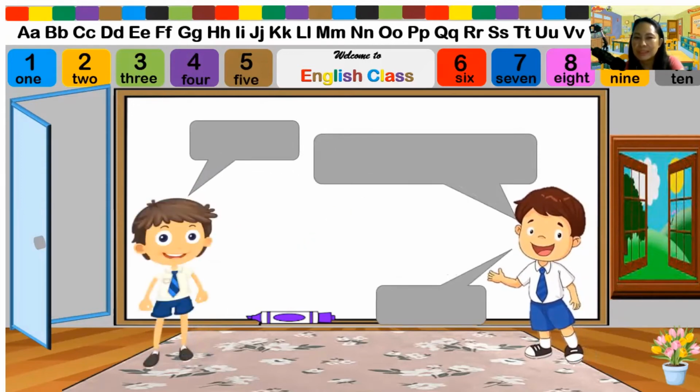Okay, let's see what he wants to borrow. Good job, scissors. So how are you going to borrow that? What will you say? That's correct.